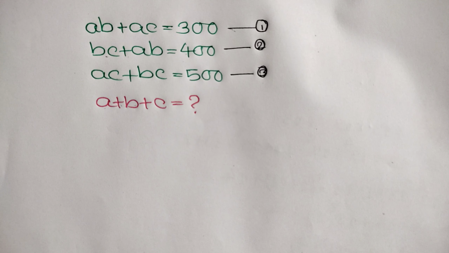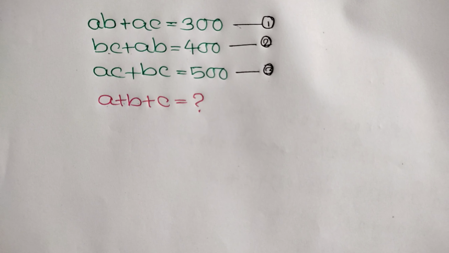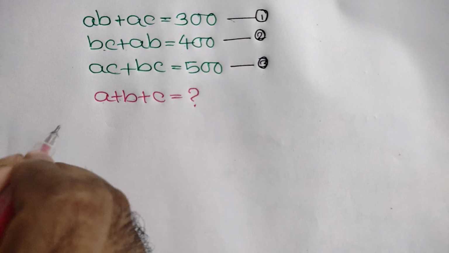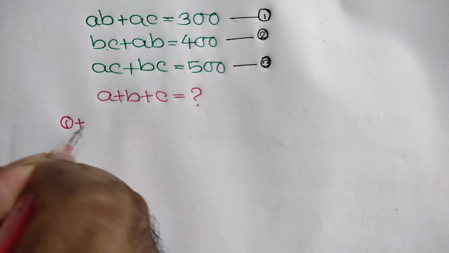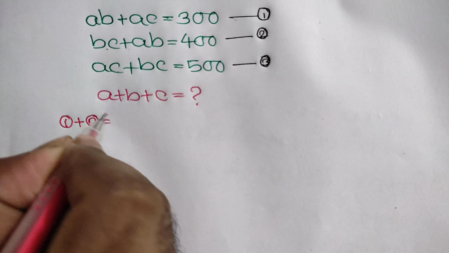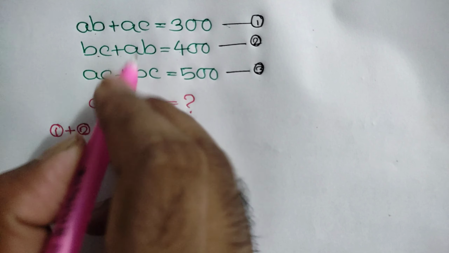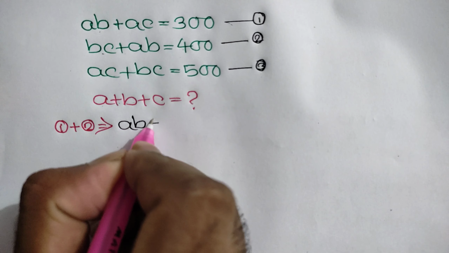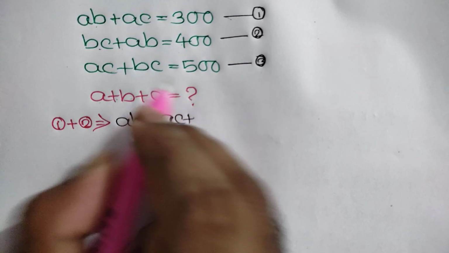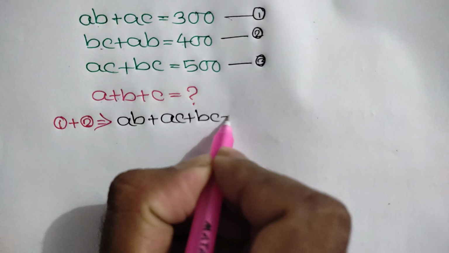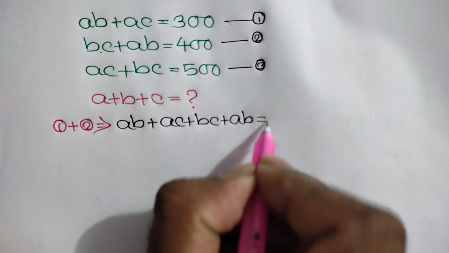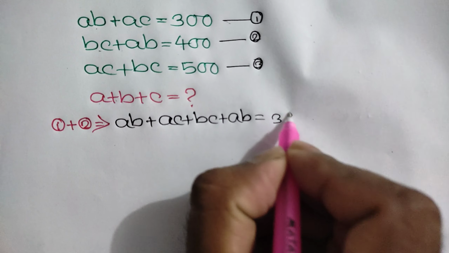Okay, now adding equation 1 and equation 2, we can write here equation 1, that means AB plus AC, plus equation 2, that means BC plus AB, is equal to 300 plus 400.